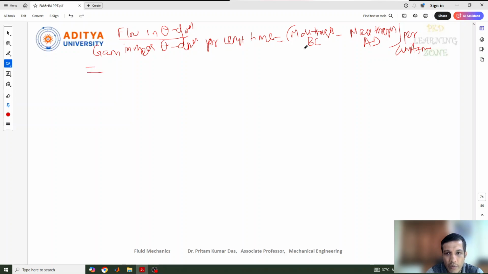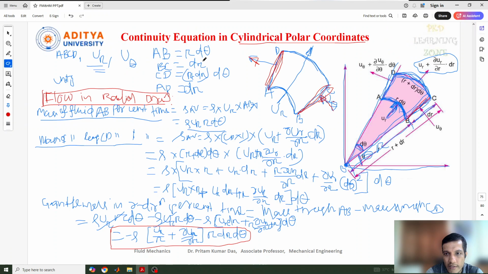So directly I'll write the formula here. What is the mass through BC? We know that it is rho A V, that is rho into A into V, the velocity through BC. Similarly, minus rho A and the velocity through the AD surface. Density will be there as usual, and for the area, let's see the surface here.